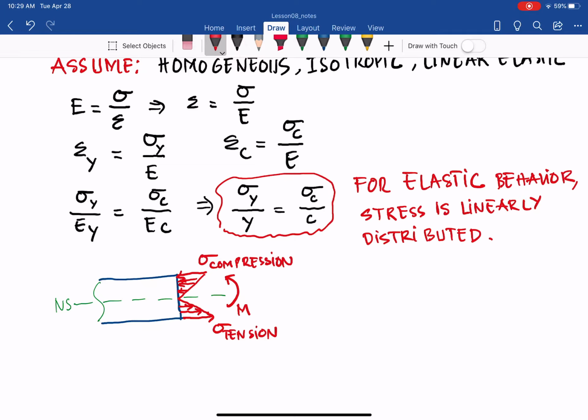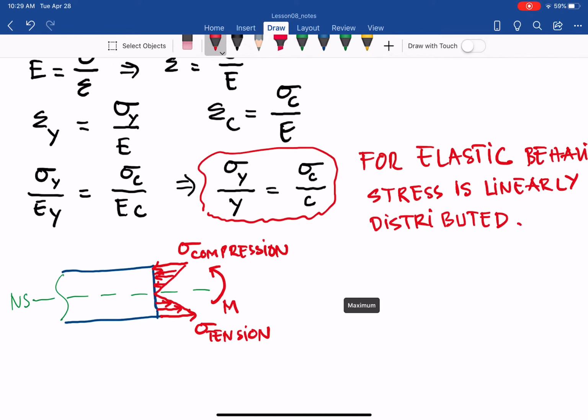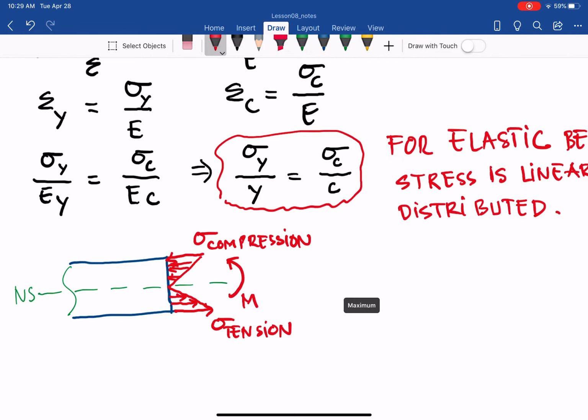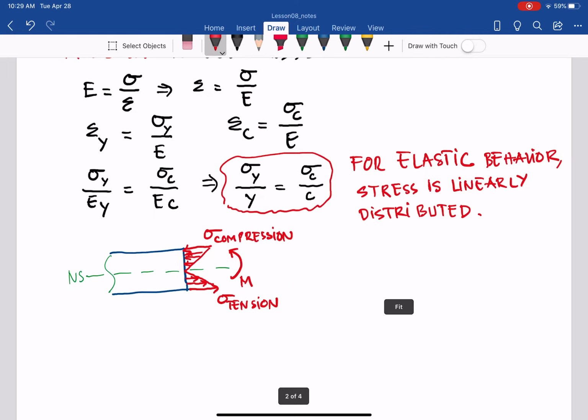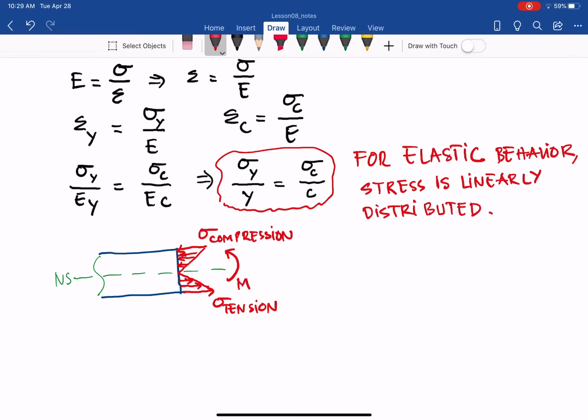But whatever happens, the stress is linearly distributed for elastic behavior, and it will be zero at the neutral surface and reach the maximum at the outermost fiber, either compression or tension, as shown there.